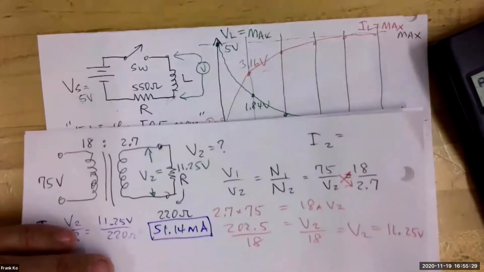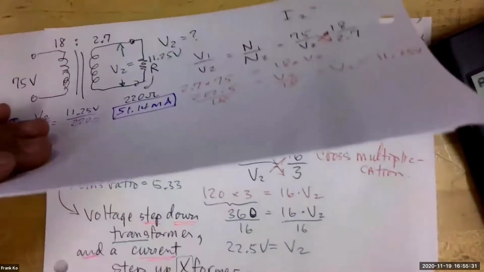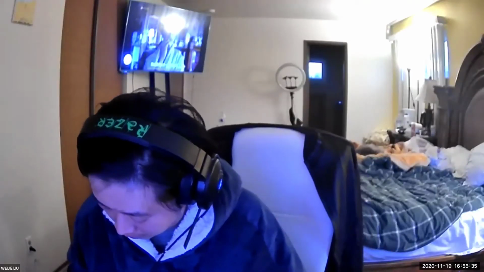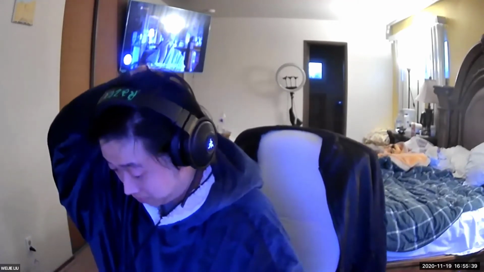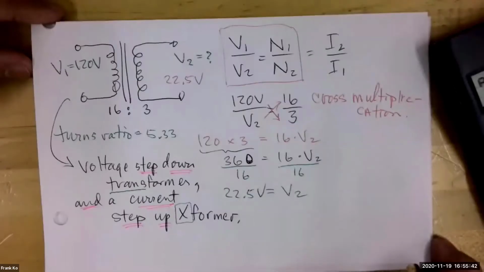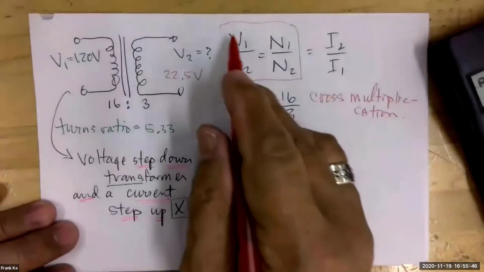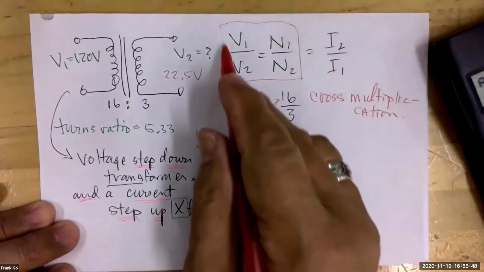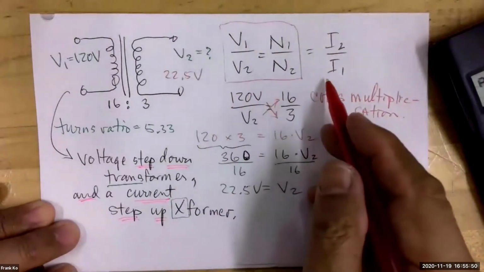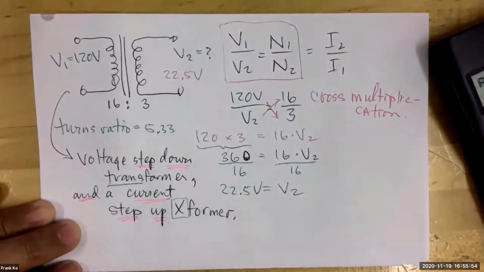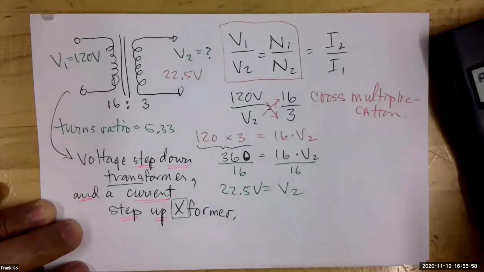Think, because I2 divided by I1 equals V1 divided by V2. Okay, check this out. If I go back to one of my earlier sheets, remember I showed you the transformer formula as having three ratios equal to each other. Try to use the numbers that are given rather than numbers that are calculated.